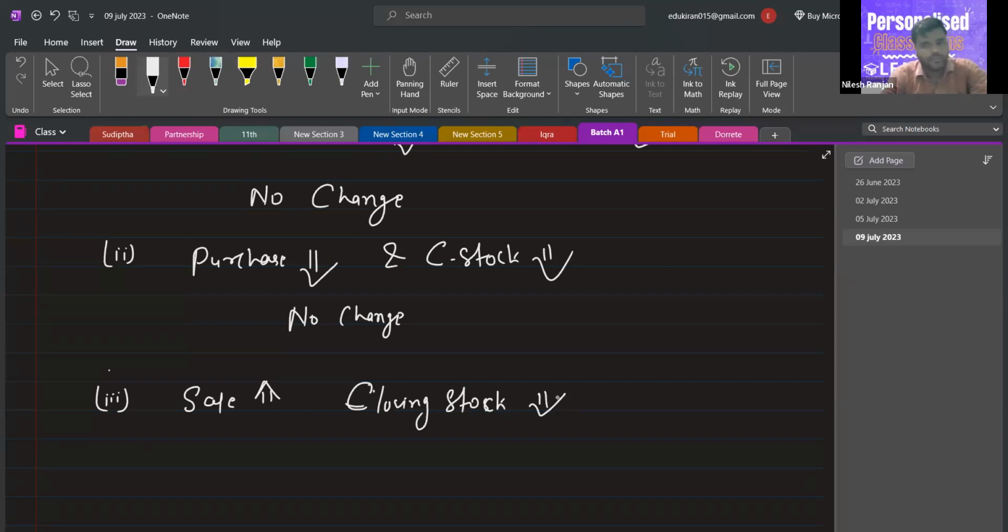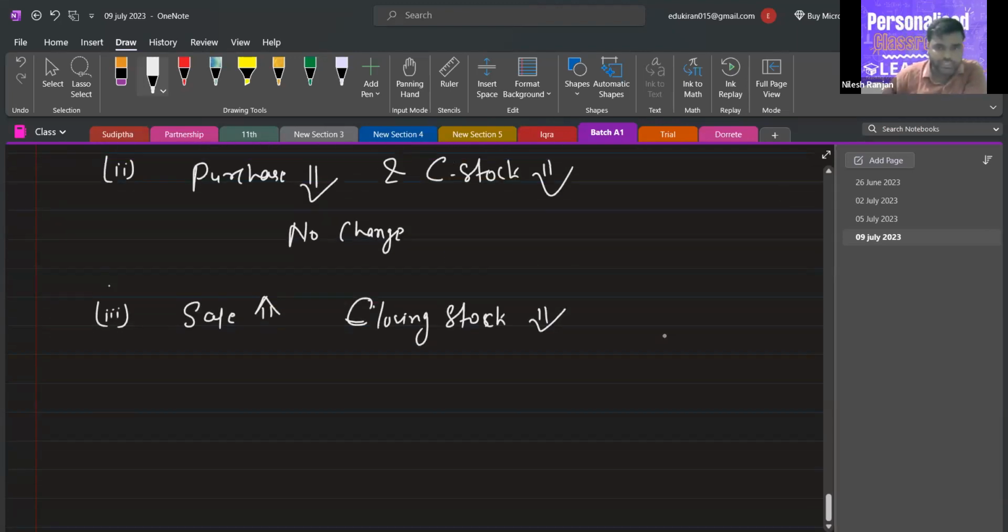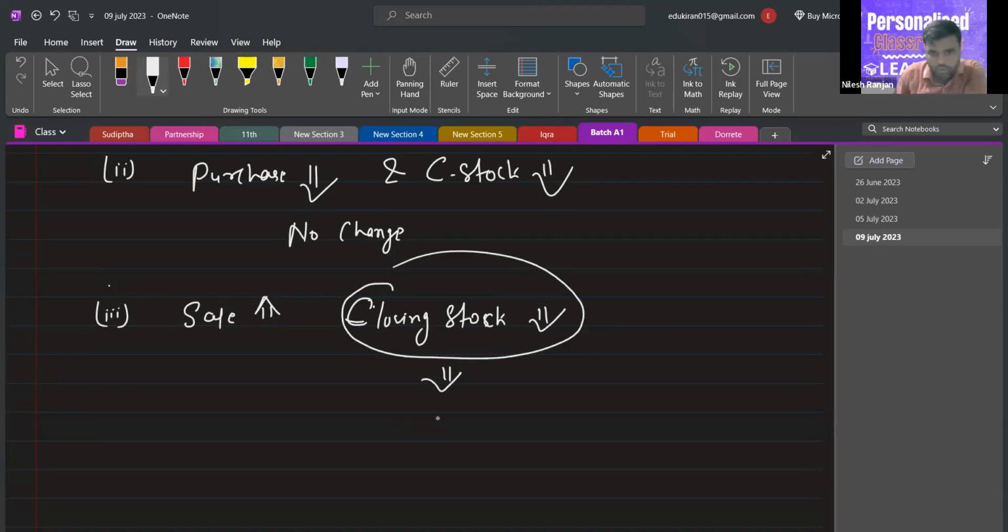Now here you have to understand that closing stock is decreasing, so it will impact cost of goods sold. It will increase our cost of goods sold. And sale is increasing.